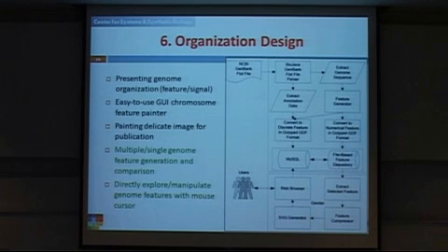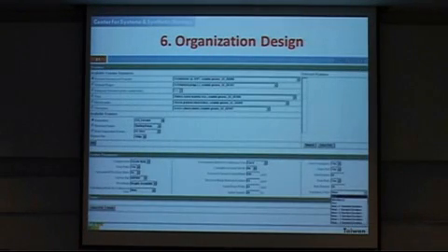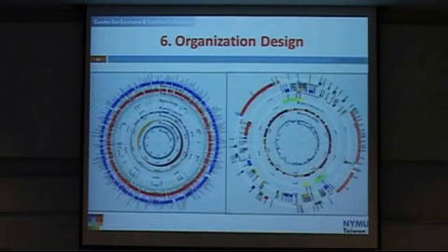So we have tools. Well, this is a Java tool. Actually, you can compare all different genomes in terms of different genomic features. So the user can do all kinds of selection, but I don't have time to go into the details. So this is the result. Once you select the feature you want, then the tool will automatically compare all the features for you.